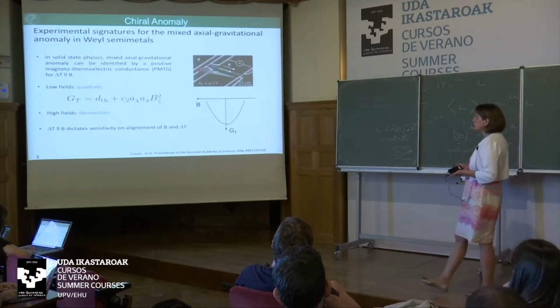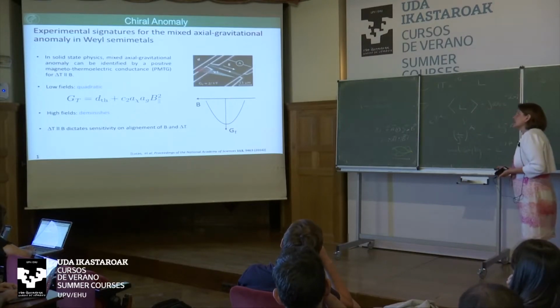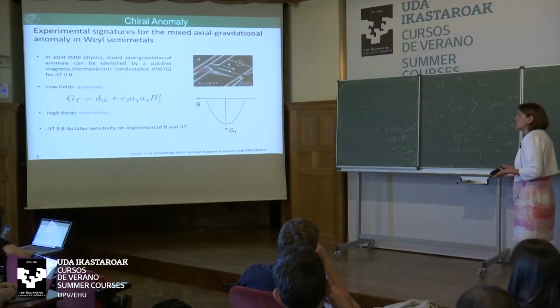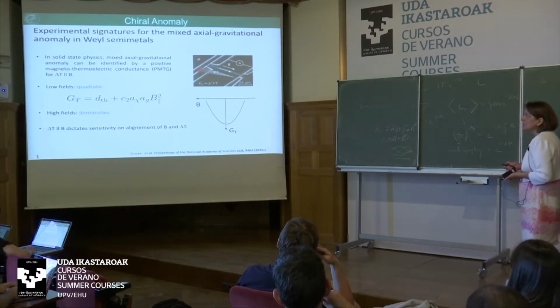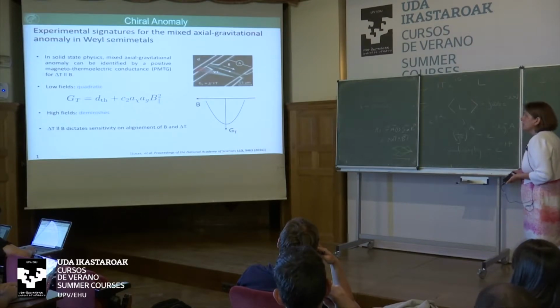But there was another prediction by Zubir Sachev: if you apply, instead of a current, a temperature gradient, which we also do, you should get a different behavior, related to this mixed axial gravitational anomaly. You should see a quadratic behavior at low fields, and it should diminish at high fields.